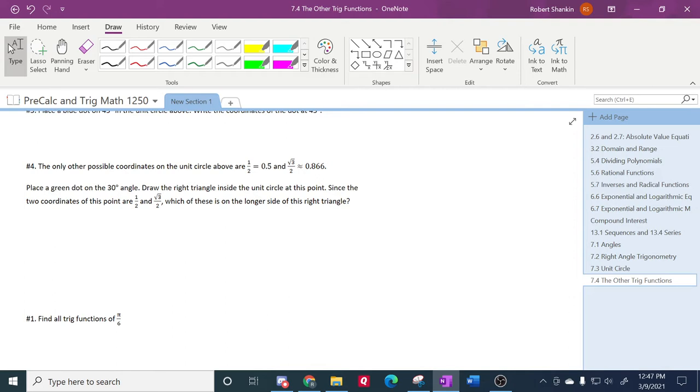Find them all of pi over 6. 30 seconds more.